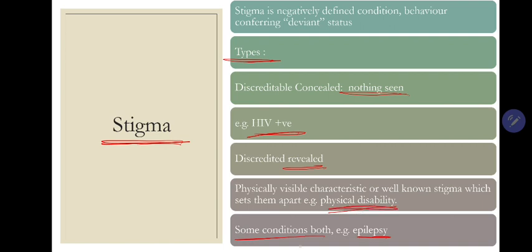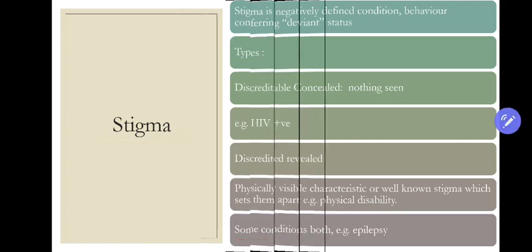Some conditions have both revealed and concealed elements, such as epilepsy. The patient has the concealed element when he is free from the illness, and the revealed element when he develops a fit, for example in front of the population or other family members.